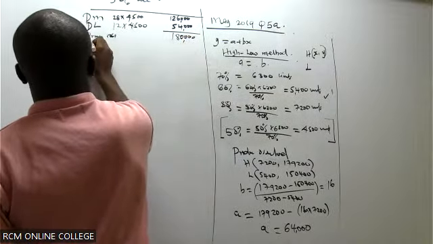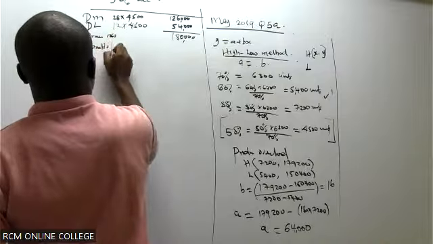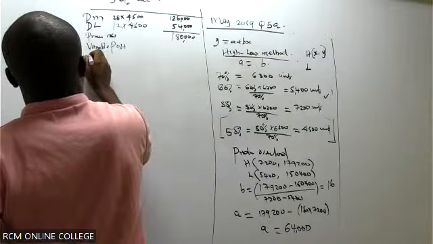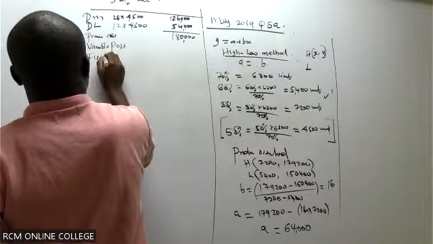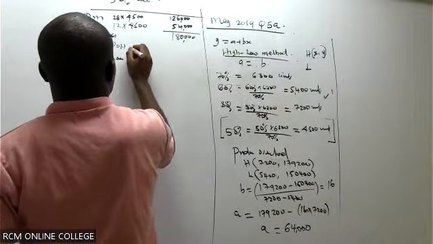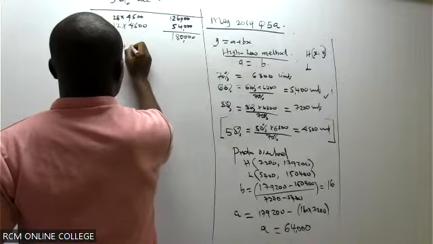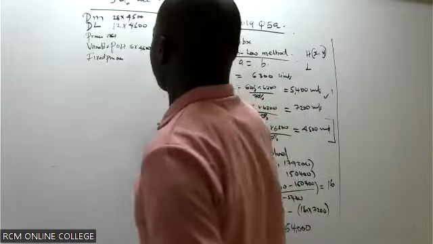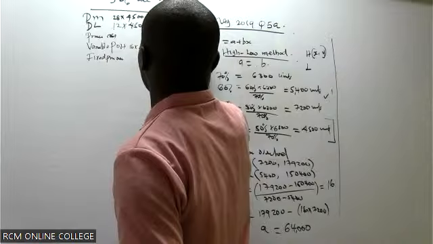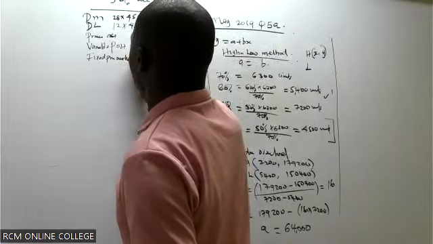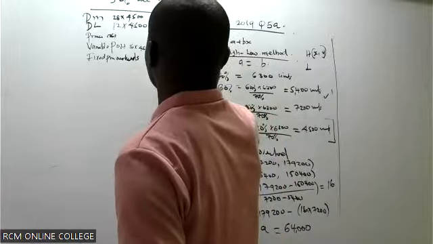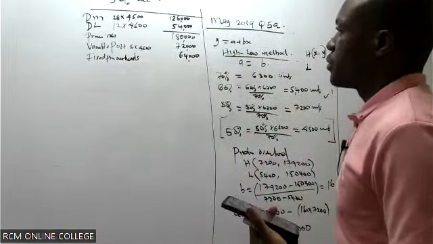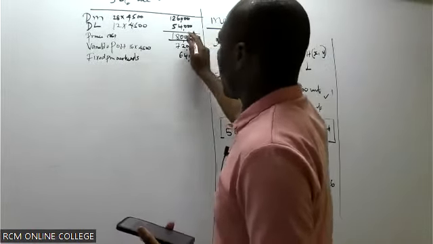Then you add variable production overhead, then we add fixed production overhead. The variable production overhead, of course, I'm told is 16, I multiply by units. 16 by units is how much? 72,000. Then fixed production overheads I'm told is 64,000. And we move on, then to the prime cost here, you are going to add those ones.